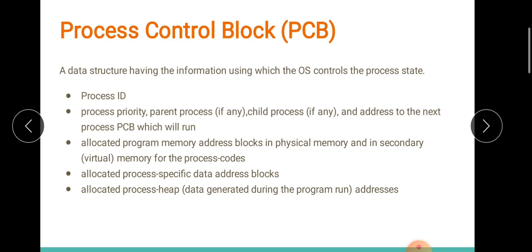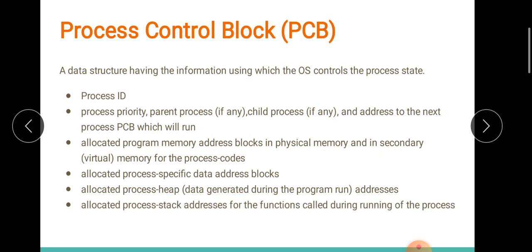While we are executing a process, we have certain outputs, or certain data which are generated. Those data are called heap. So the PCB has access to these regions also. And it has the allotted process stack address. I guess I don't have to explain this: the stack address for the functions. The memories where the stack or the local variables are stored are also mentioned in the PCB.